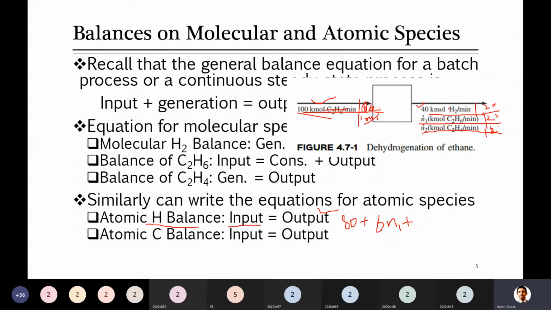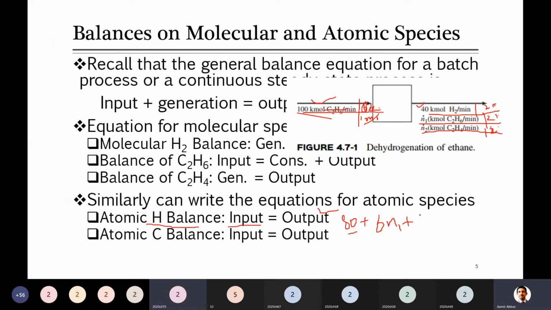Hydrogen is part of all three components: H2, C2H6 and C2H4. For the first, you know the flow rate of H2, so you can directly write 40 multiplied by 2 is 80, plus 6 multiplied by N1, because we don't know the flow rate here. When you know the total number of moles, you can multiply it by 6 and you will get the moles of H in that system. Plus, what about the last one?